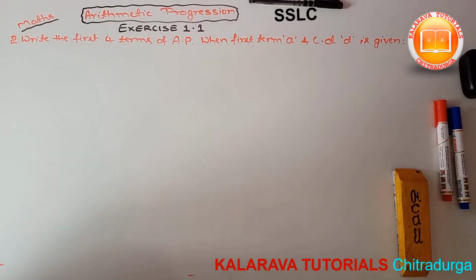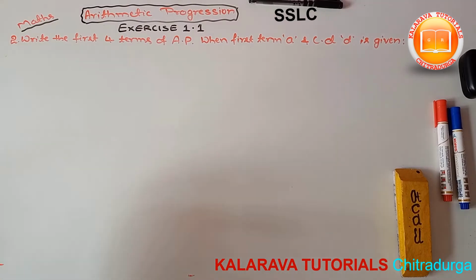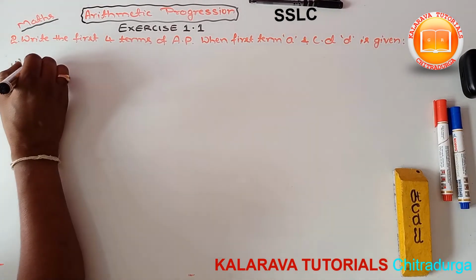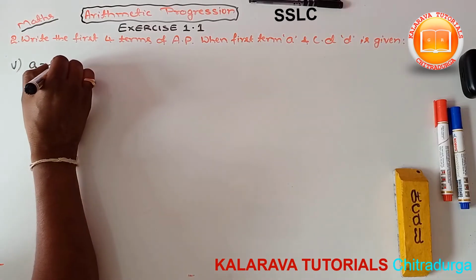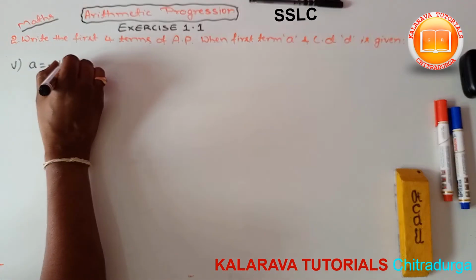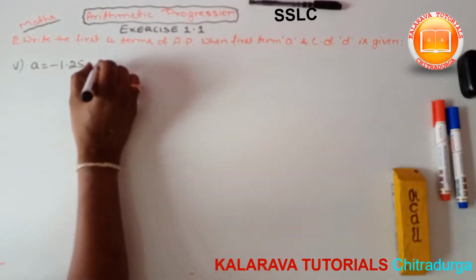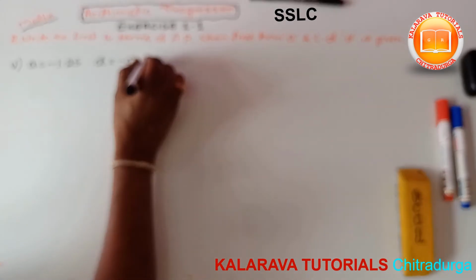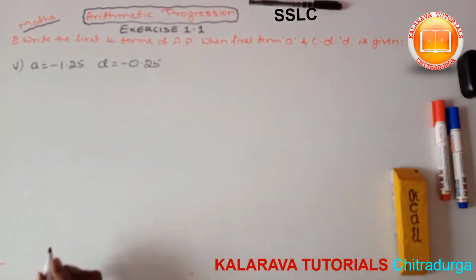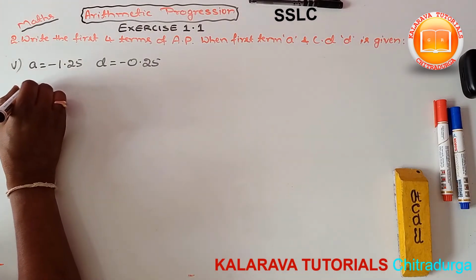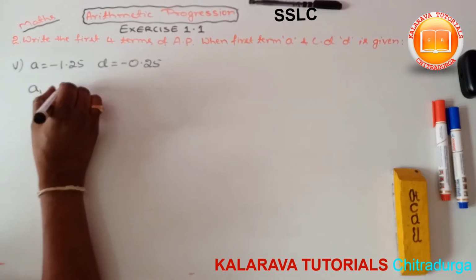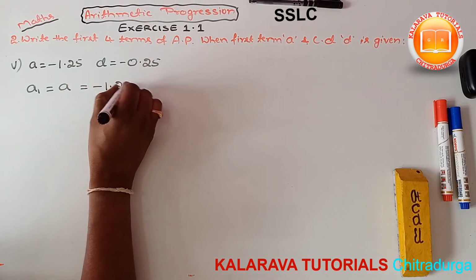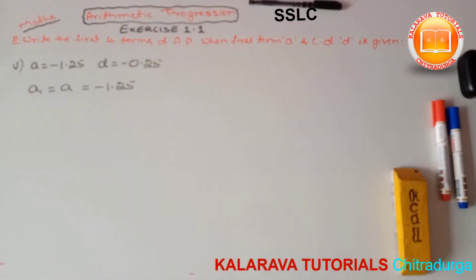In the fifth problem, they have given that a is equal to minus 1.25 and d is equal to minus 0.25. So now we have to find the first term, a1 is equal to a, that is the first term is minus 1.25.